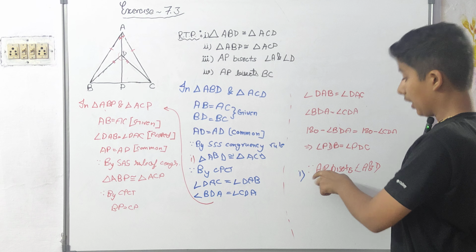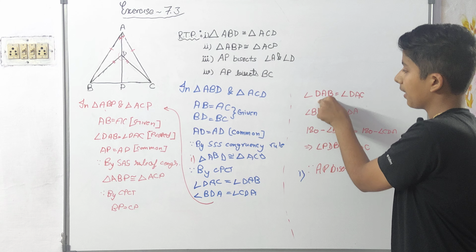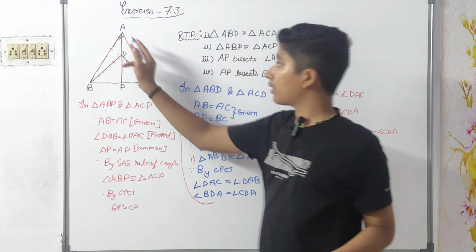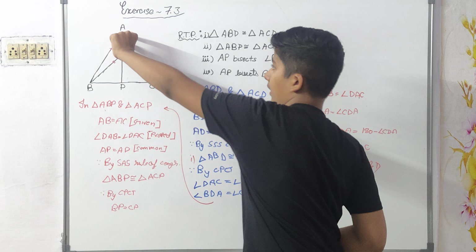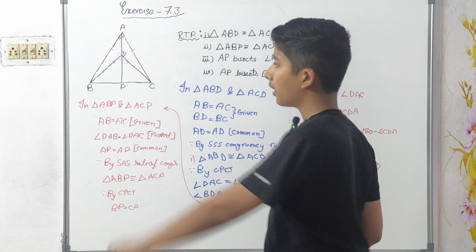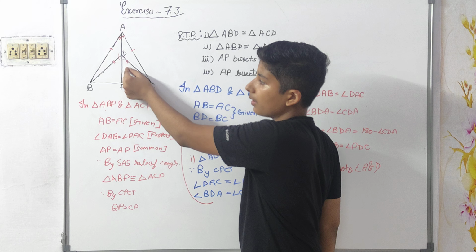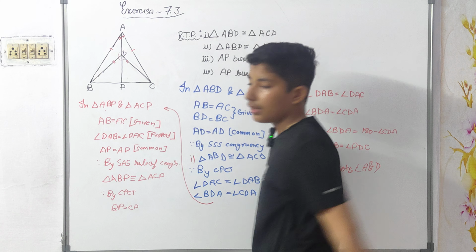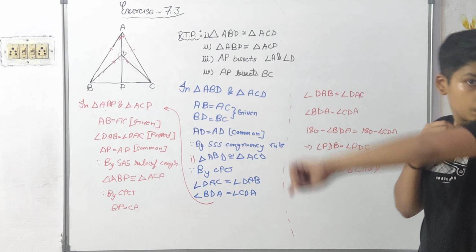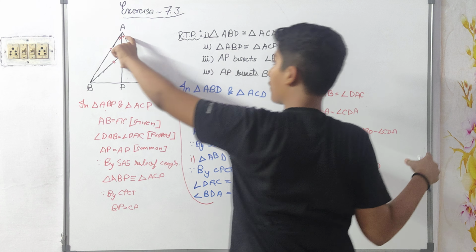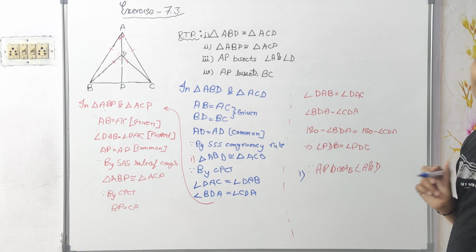But firstly, you see how is this one proved. See, DAB is equal to DAC, means this angle is equal to this angle, means AP is bisecting this angle in two equal parts. Now angle D, this angle is equal and this angle is also equal, means AP is again bisecting this angle, means that these two angles are being bisected by AP.